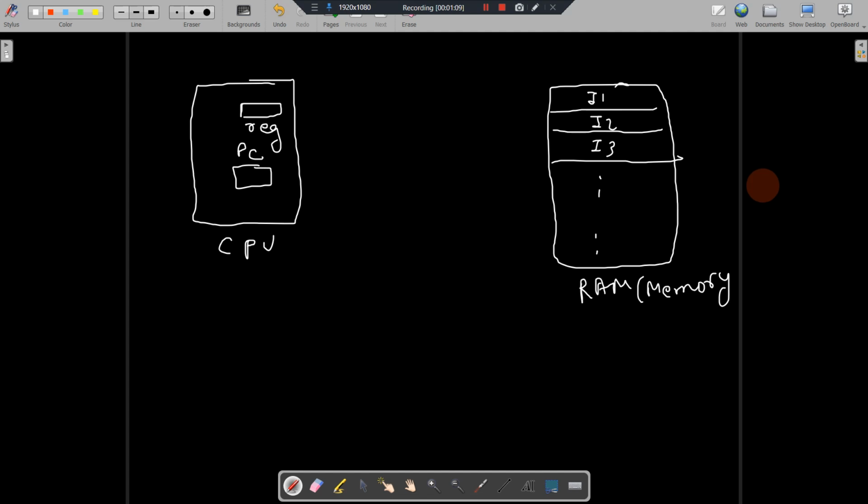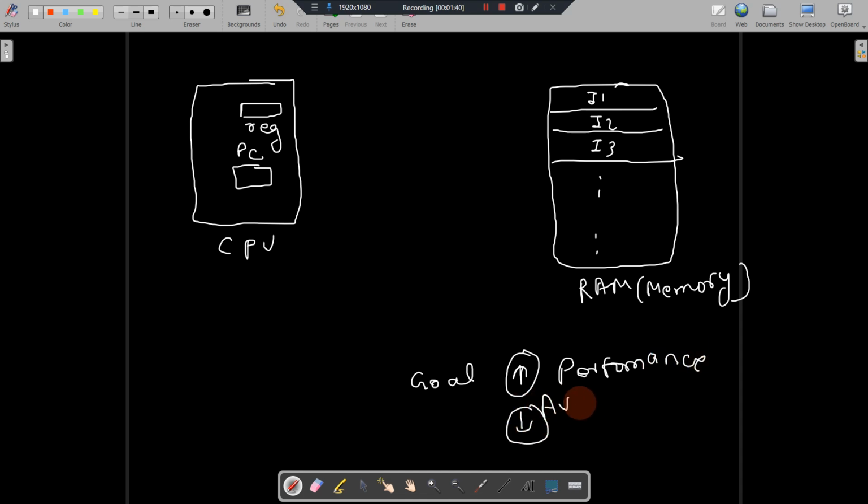But accessing this RAM memory is very huge and very slow. The time required to access a register inside a CPU is very less, but the time required to access the main memory is too high. Our goal is to increase performance, so we need to reduce the average access time from memory.